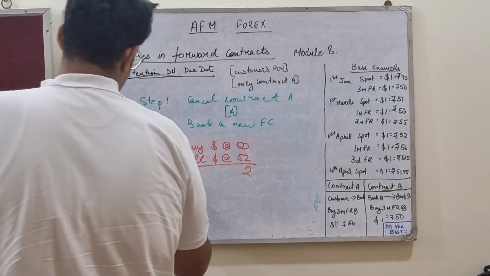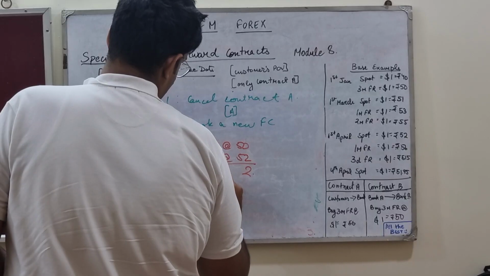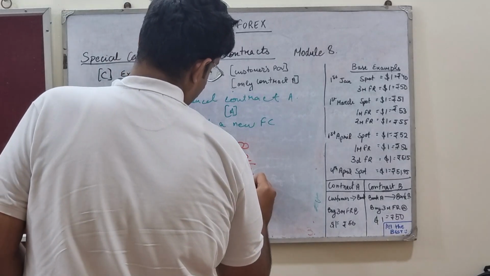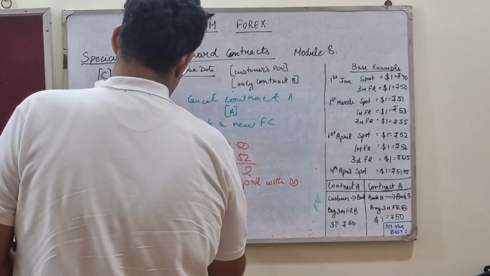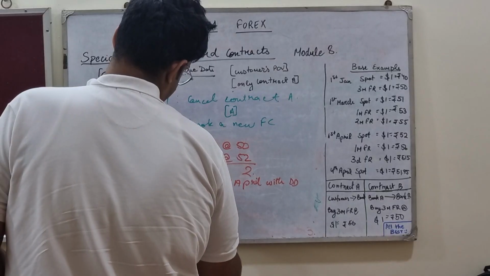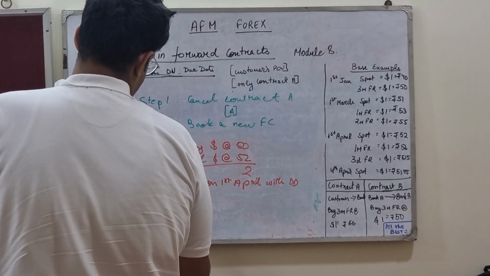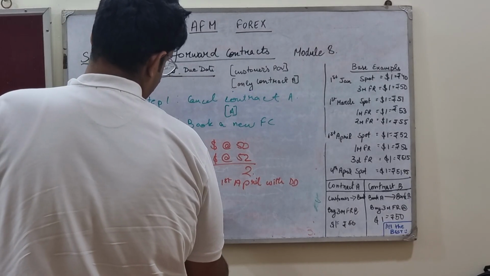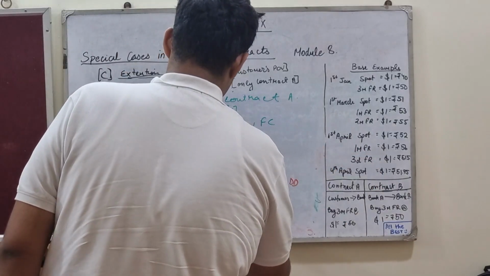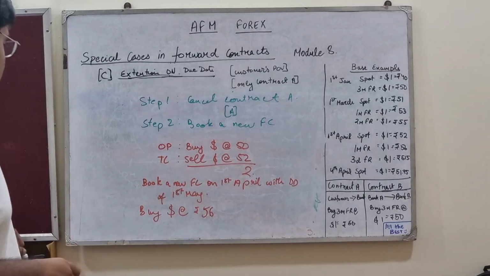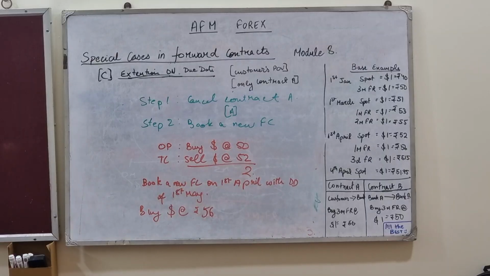So all I need to do is book a new forward contract on 1st April with the due date of 1st May, and say that the contract will be buy dollar at rupees 56, the 1 month forward rate of dollars from 1st April. That is it. That is special case C, and technically this is the correct way to present it. There is no other way.